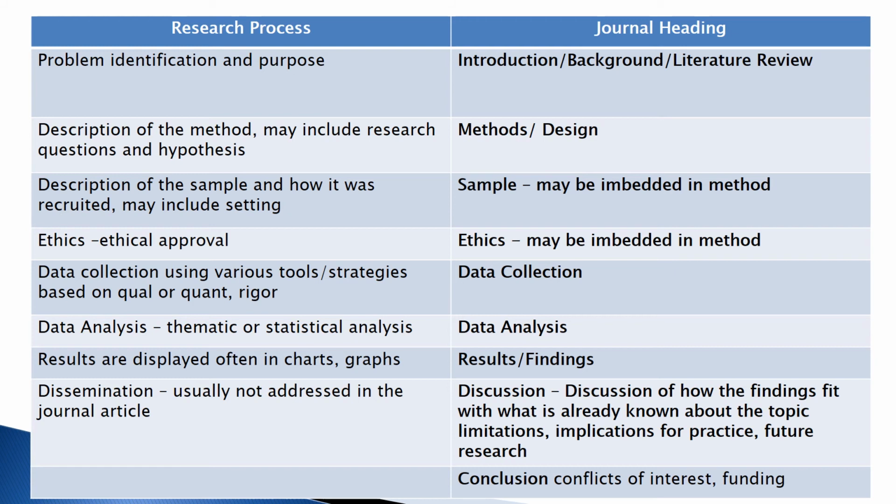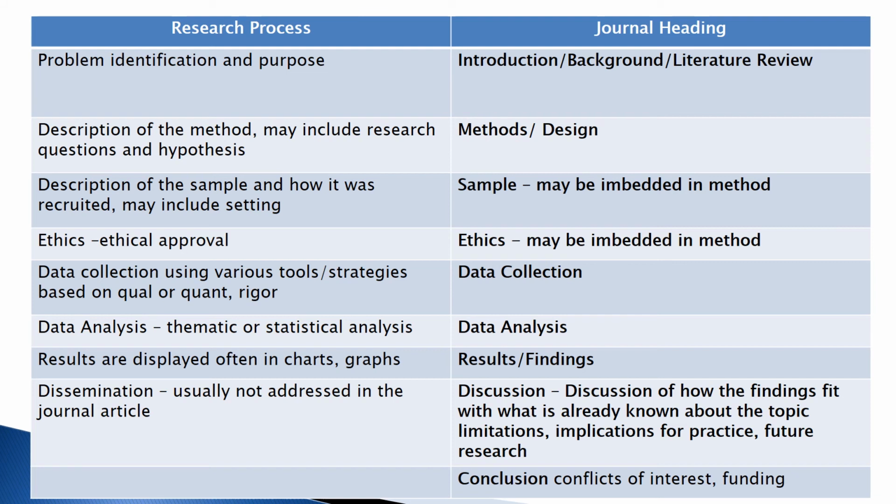Sometimes it's labeled introduction, background, it might be labeled lit review, and this is where they provide a nice summary on what's known to date on this particular topic, what is the scope of the problem, is there a dearth of research, and they build a case as to why this research is worthy.